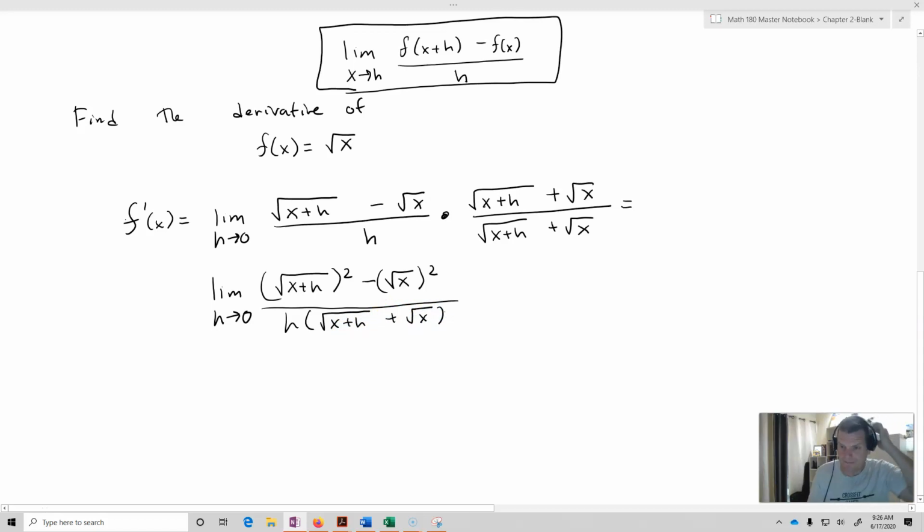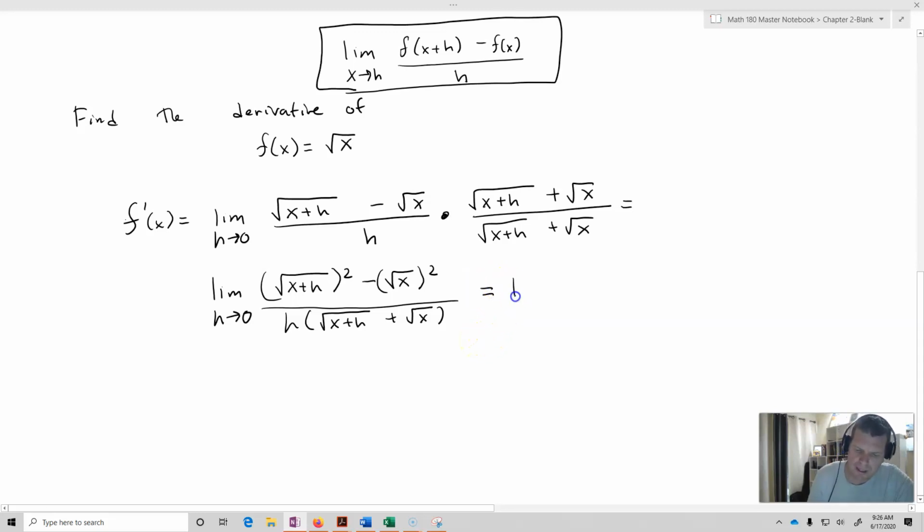Remember before, when we were doing derivatives at a particular point, we wanted to make sure that we got rid of the h's on the bottom. We still want to do the same thing. So we're going to simplify, and hopefully our h's are going to disappear. If they don't, not differentiable.